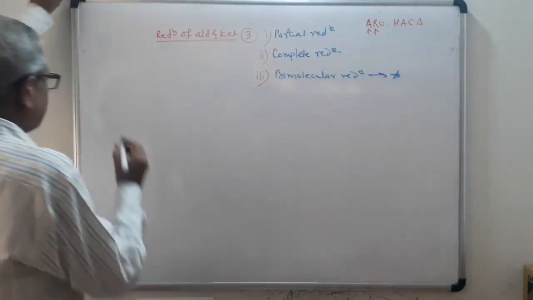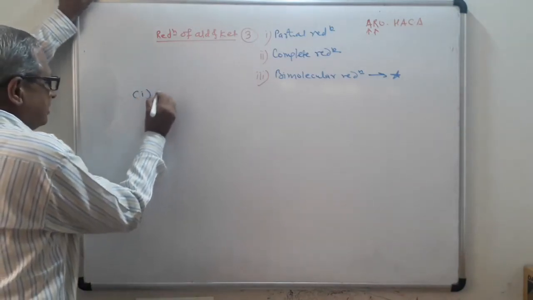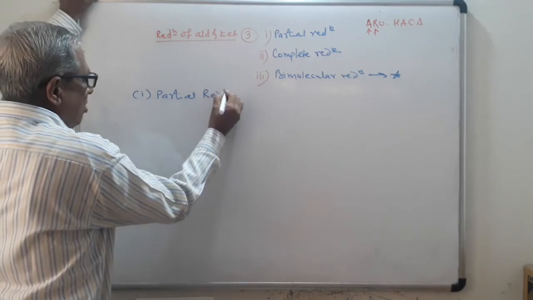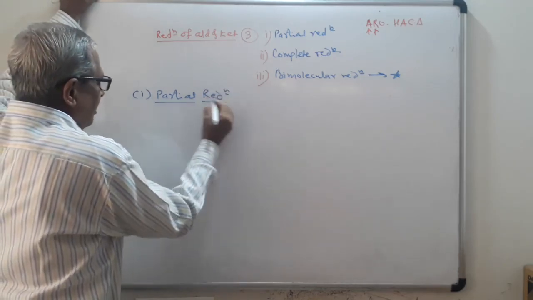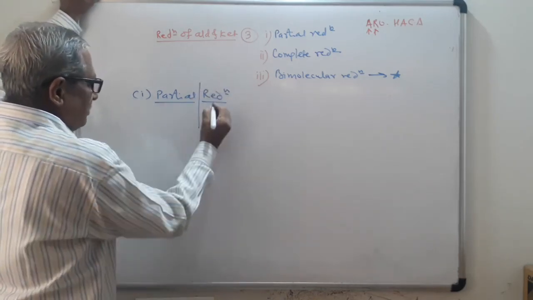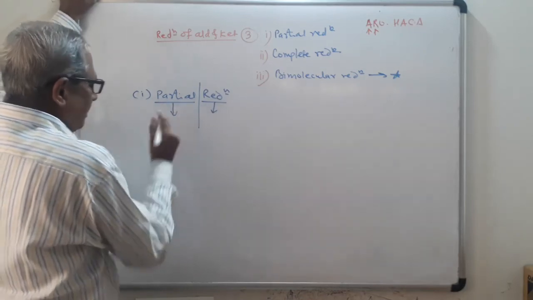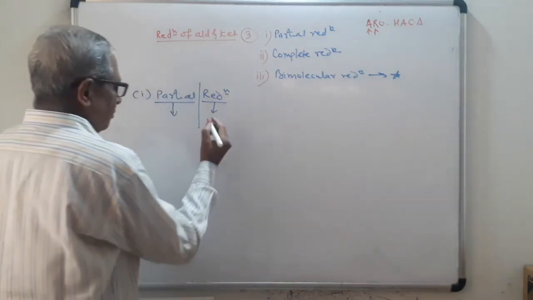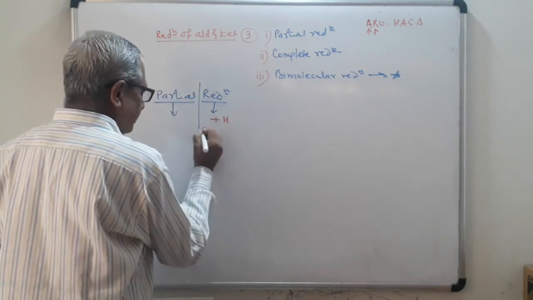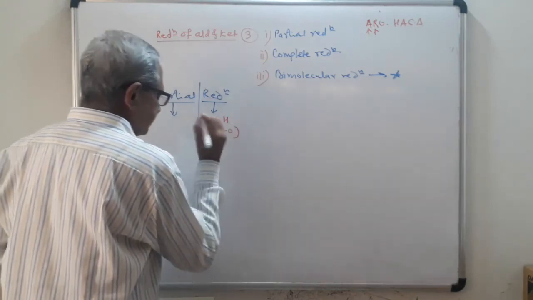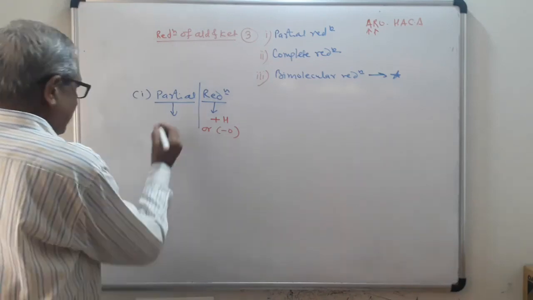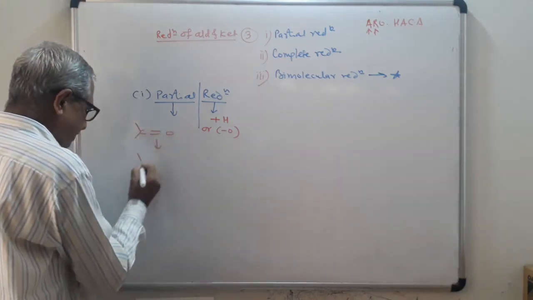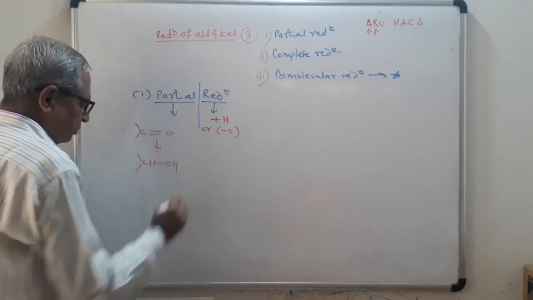So the first point here is partial reduction. I will explain the 2 terms, first reduction and then partial. Reduction has 2 meanings: addition of hydrogen or removal of oxygen. In partial reduction, the C double bond O group is converted to the CHOH group.